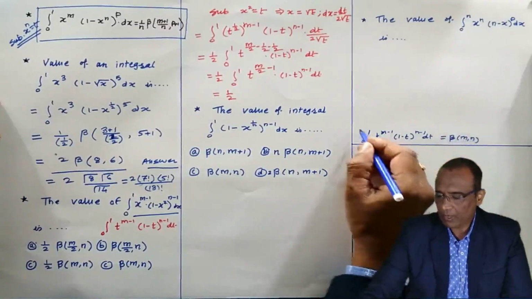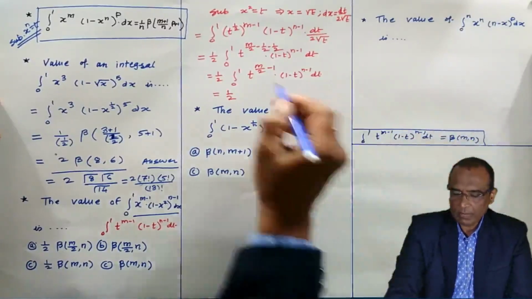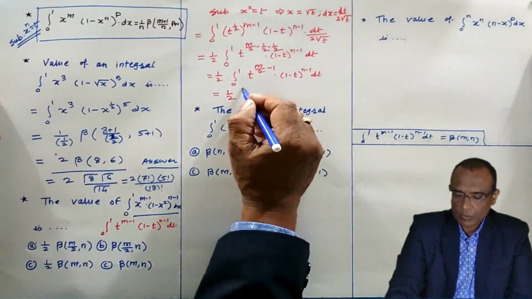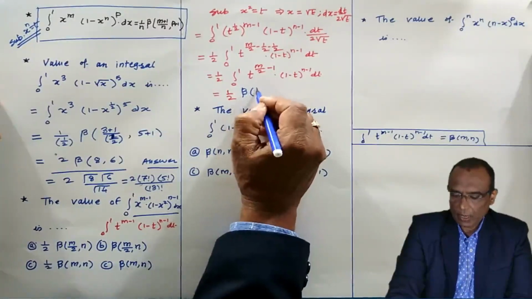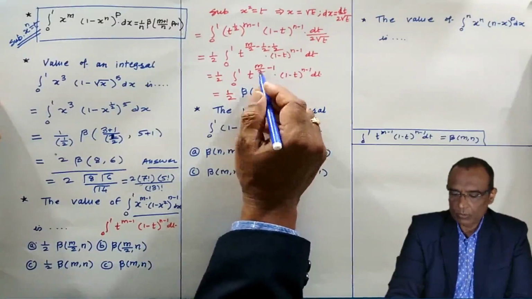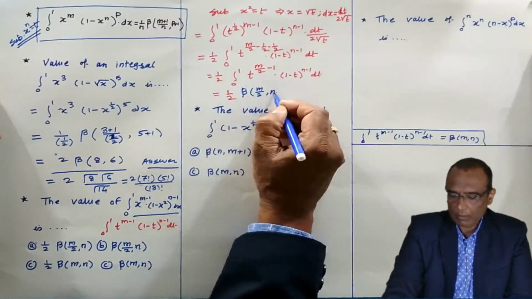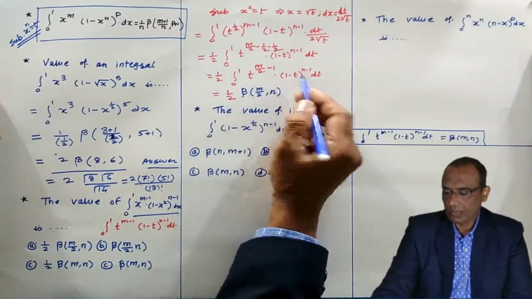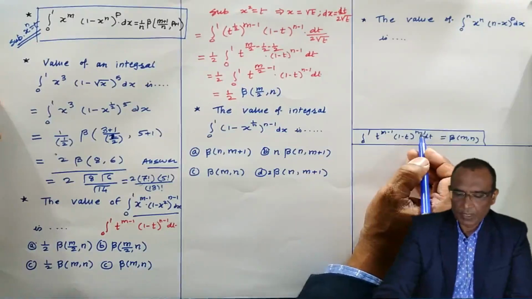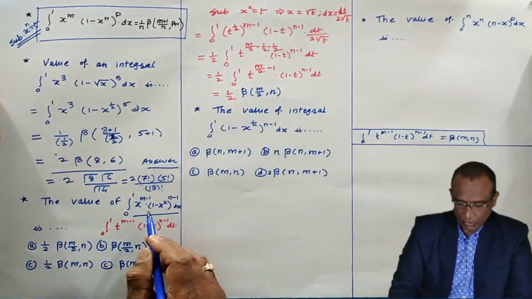This is the definition of beta function, and the same thing I am using here. This is 1 by 2 into beta of m by 2 comma n, using the definition of beta function. So this we have solved.